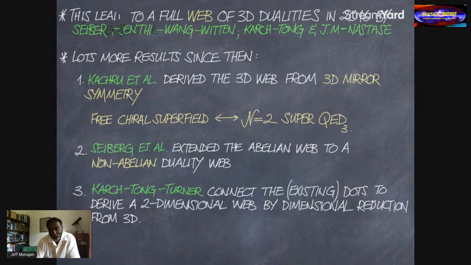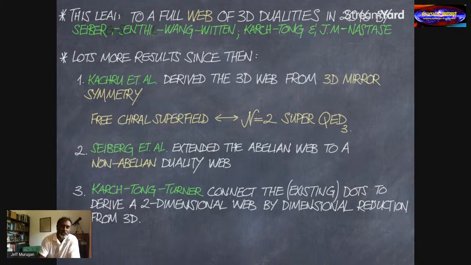And the upshot being that it's a really difficult problem. And Seiberg and his collaborators were actually able to extend the full abelian web to a non-abelian duality web, which is an absolutely remarkable feat.